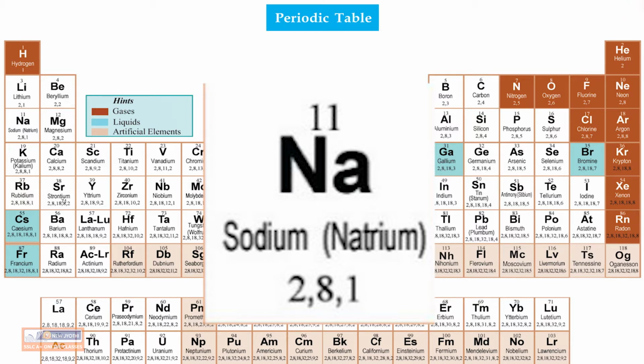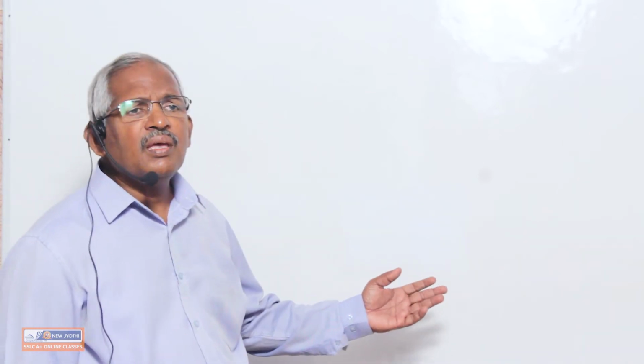It is in the first group and third period. Why can't we put sodium in any other group or period, say in the second period or 8th group? Let us examine the reason.